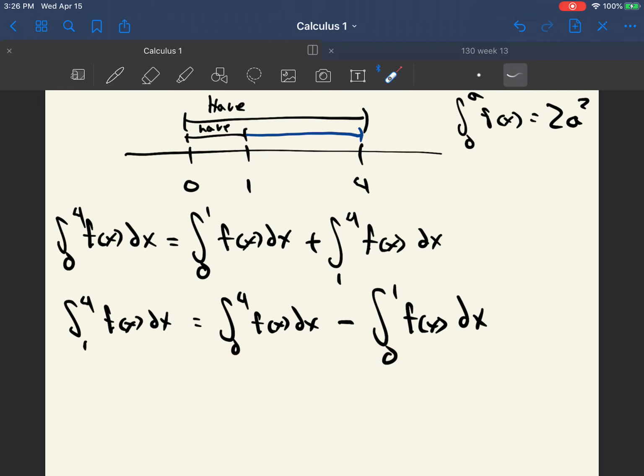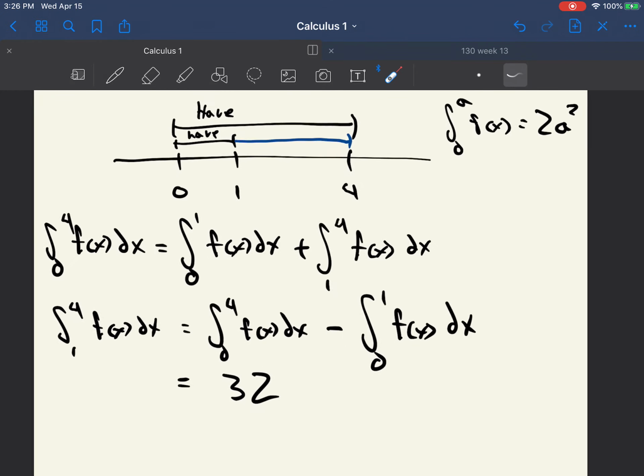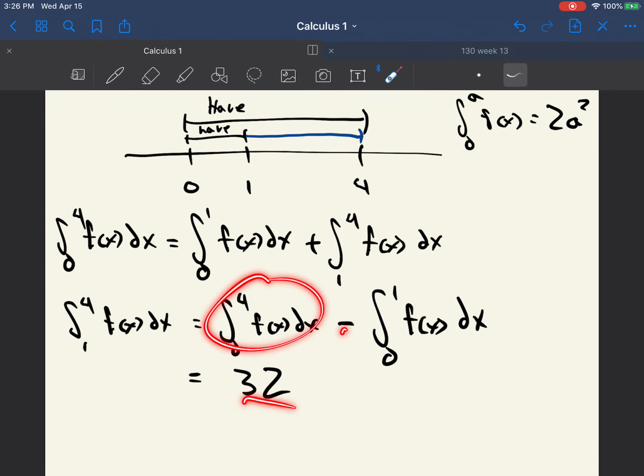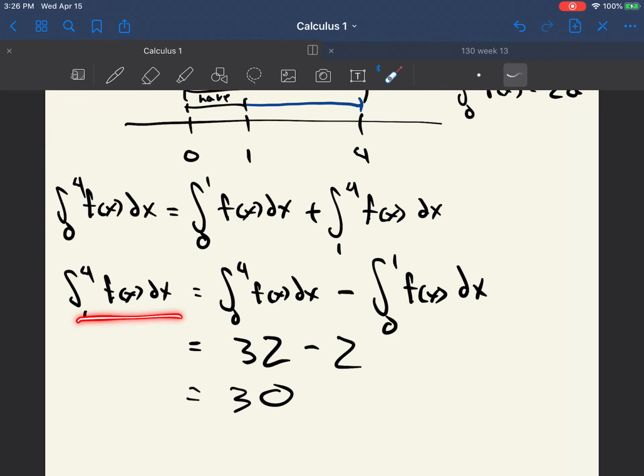And once again, I know what these two numbers are. We calculated those. Okay? So the integral from 0 to 4, that was 32. And we can check back. So the integral from 0 to 4 is 32. The one from 0 to 1 is 2. Right? So here, this term should be 32, and then minus this term, which should be 2. So that means the integral from 1 to 4 is actually 30, right?